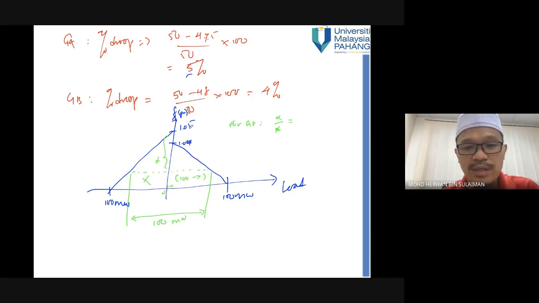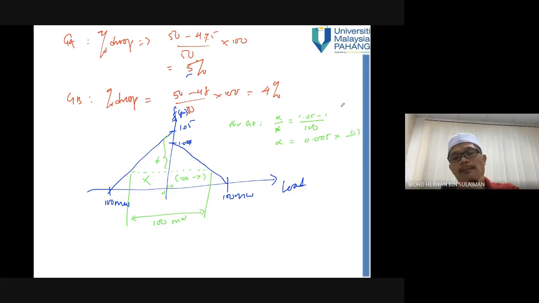So alpha divided by X equals 1.05 minus 1 divided by the maximum, 100. So you get alpha equals 0.005x. Right. So this is the first equation.